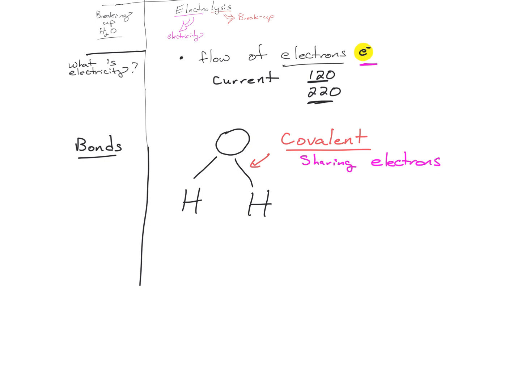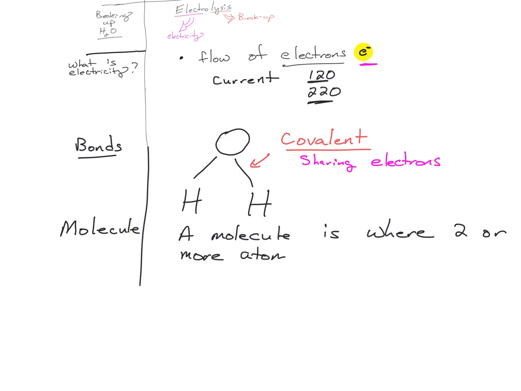By the way, let's make sure we understand. A molecule, and I've said this before, but I'm going to say it again, is where two or more atoms share electrons.